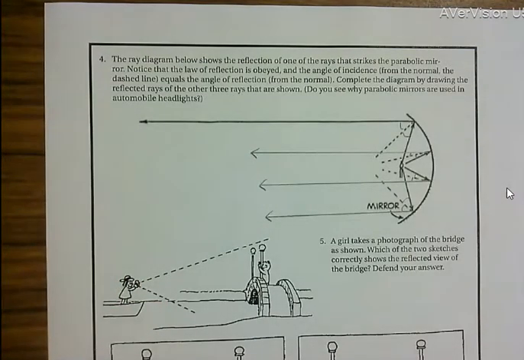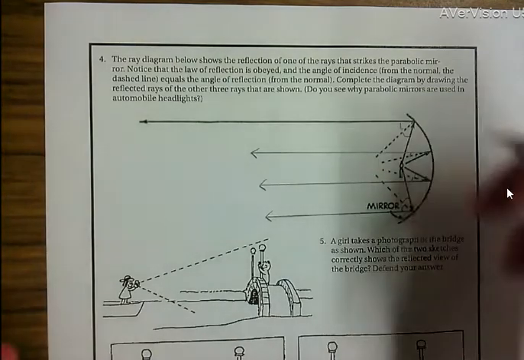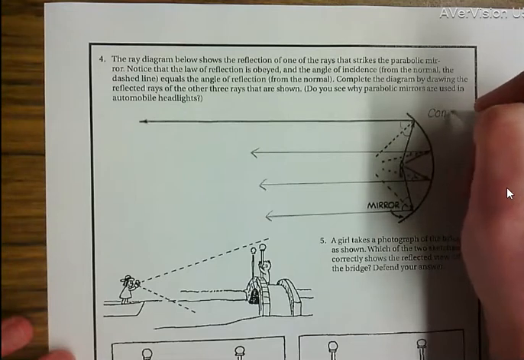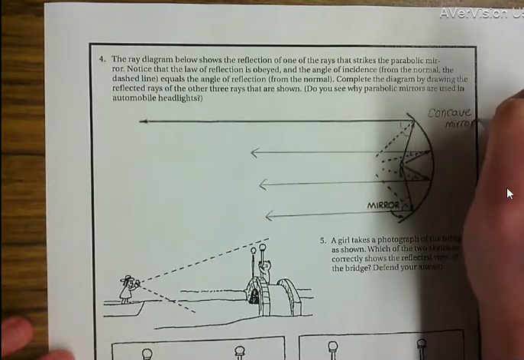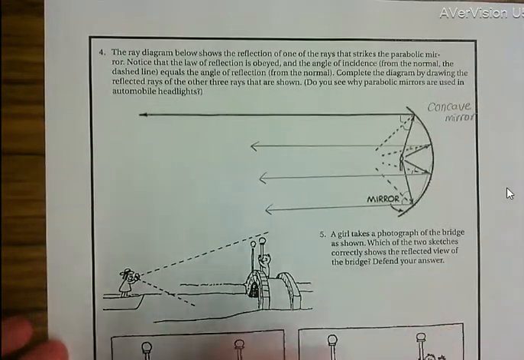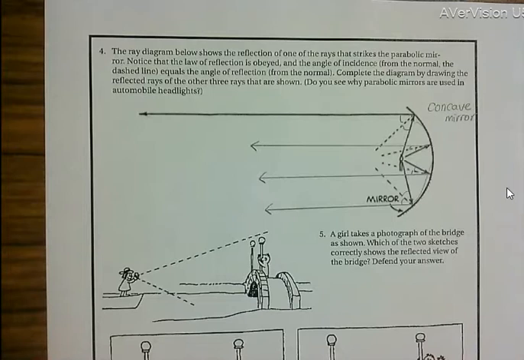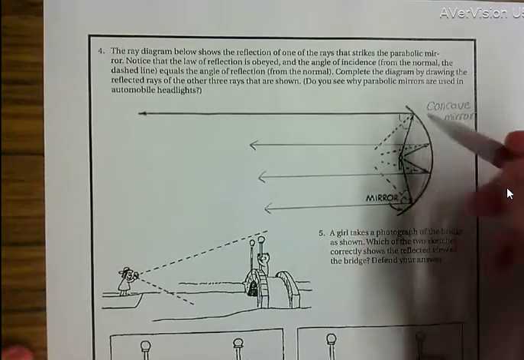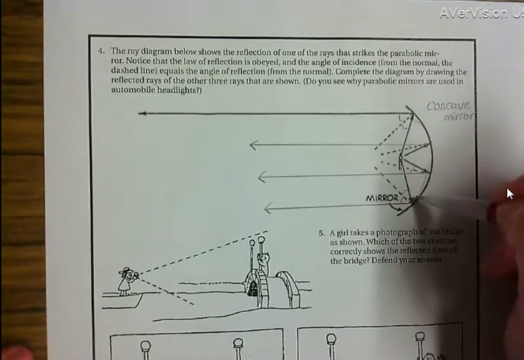Do you see why parabolic mirrors are used with automobile headlights? This is our concave mirror, because we form a cave. Notice, it's taking all of the light beams.